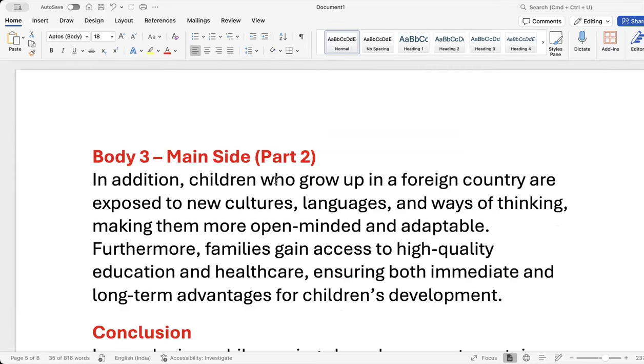In addition, children who grow up in a foreign country are exposed to new cultures, languages, and ways of thinking, making them more open-minded and adaptable. So the second point is that children become exposed to a new culture. So they become more adaptable. When you go to another country, you see how other people live.